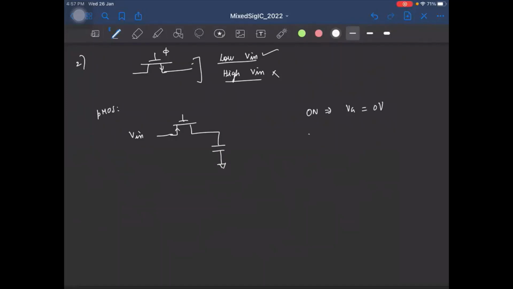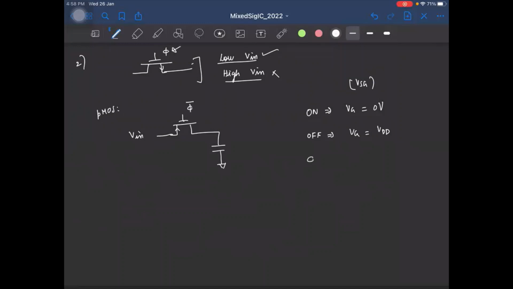Similarly, if you want to turn it off, the gate voltage must be the highest voltage. That will be VDD. Okay. Because remember that for PMOS, you need to look at source to gate voltage. Okay. So what we'll do is we'll say that the clock here is phi bar, that is the inverted version of the clock we gave to the NMOS.